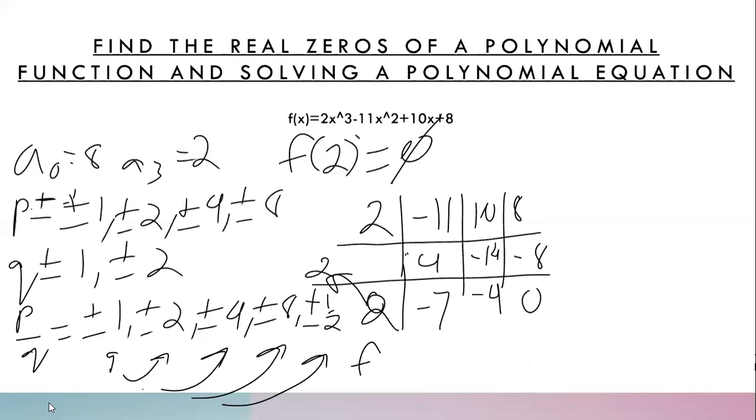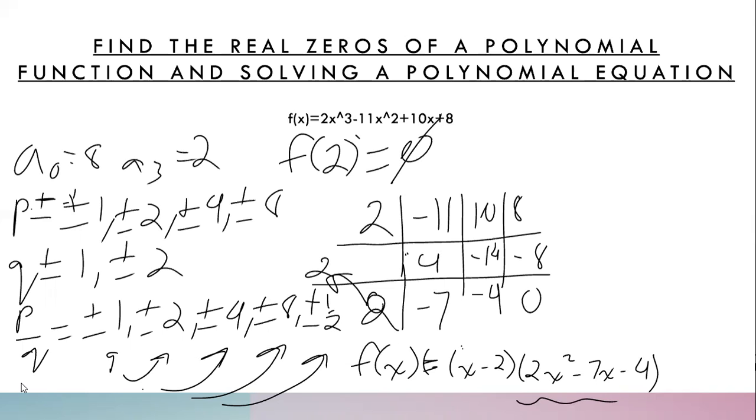So now our depressed equation is x minus 2 times 2x squared minus 7x minus 4. Now we can factor this equation out, so we do not have to use any more synthetic division.